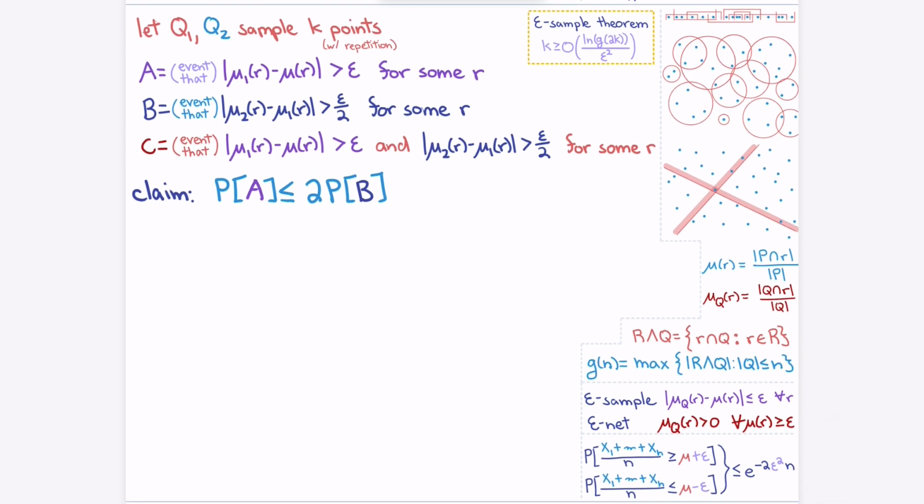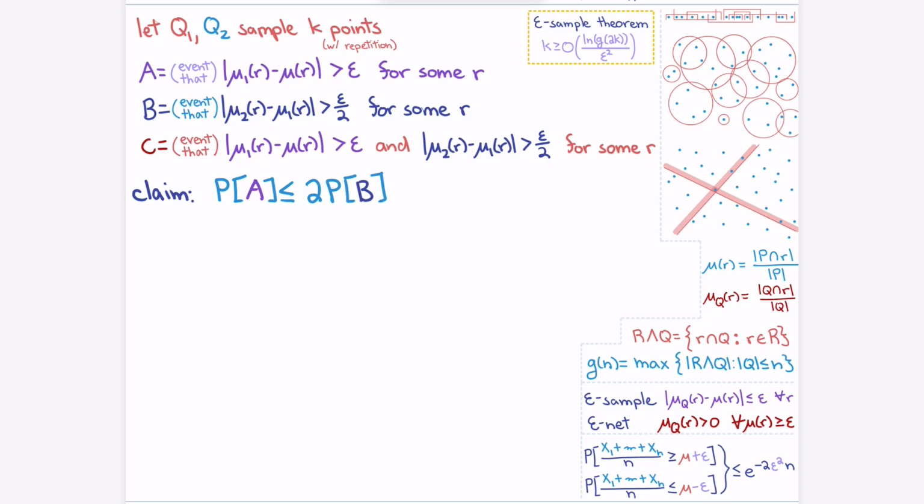So the claim, we're going to use C in the proof. The claim is that the probability of event A happening is at most 2 times the probability of event B. Event A is what we're worried about: mu1 screwed up.